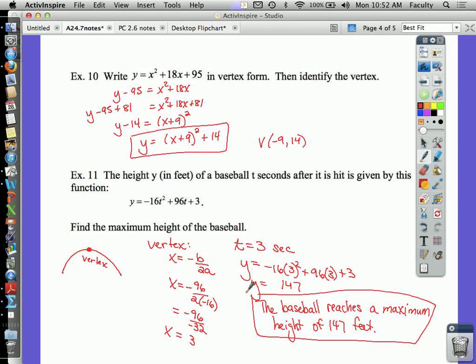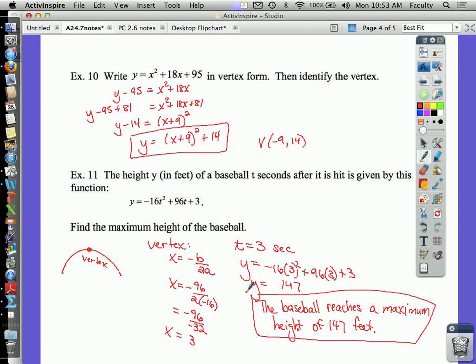So we would want to say the baseball reaches a maximum height of 147 feet. You could say at t is 3 seconds if you'd like to qualify. Remember what a graph looks like, and that will help you with a word problem. Any questions on example 11?